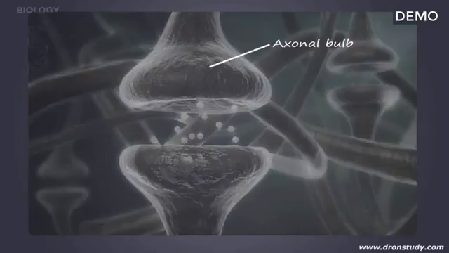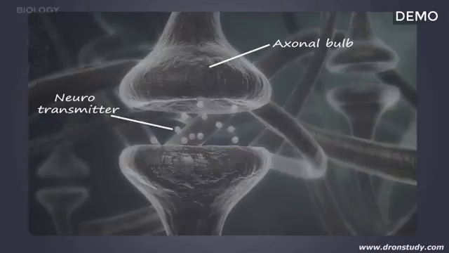So there are oval or round sac-like vesicles called the synaptic vesicles, which are filled with chemicals, the neurotransmitters.